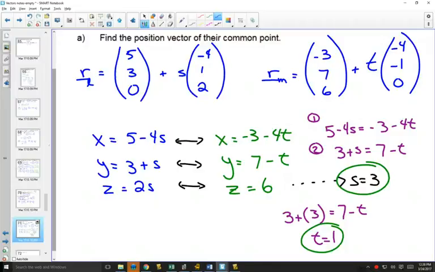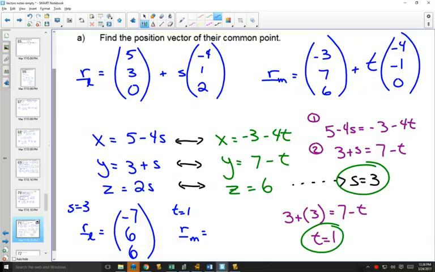But in this case, if I plug in 3 for s on my line RL, I get 5 minus 4, negative 7. 3 plus 3, 6. 0 plus 6, 6. On my line RM, if I plug in t equals 1, and I'll just write here s equals 3, I get negative 7, 6, 6.